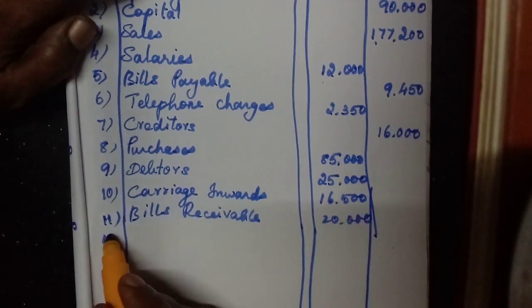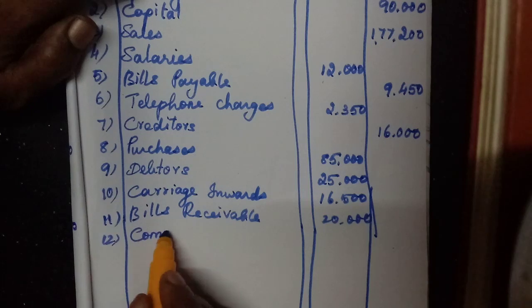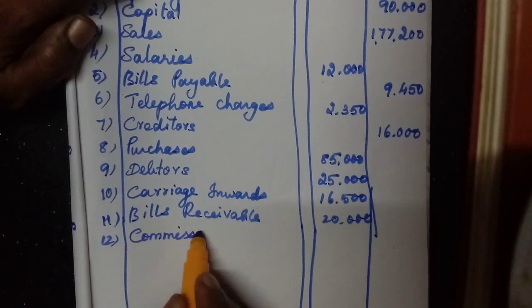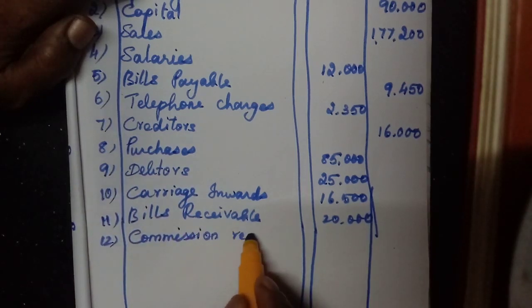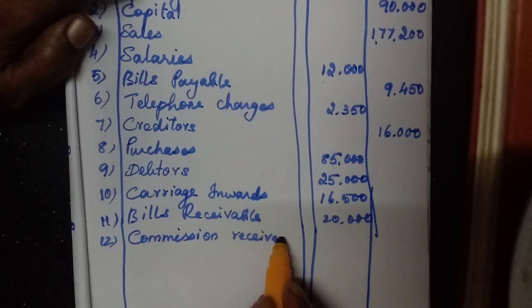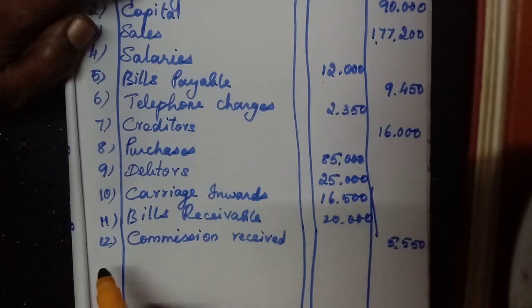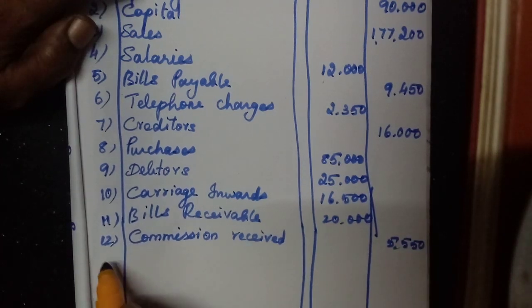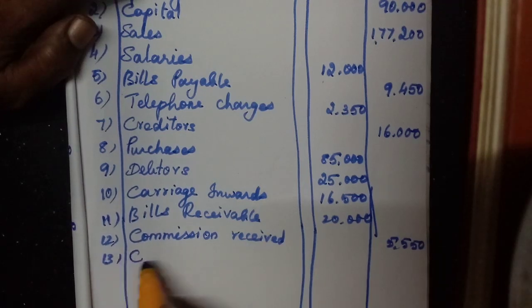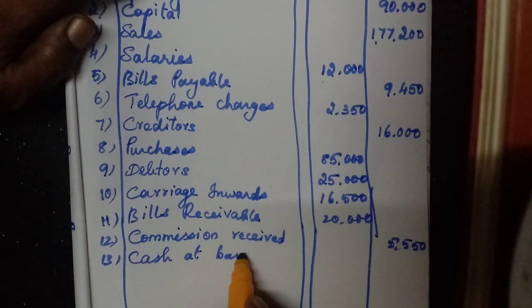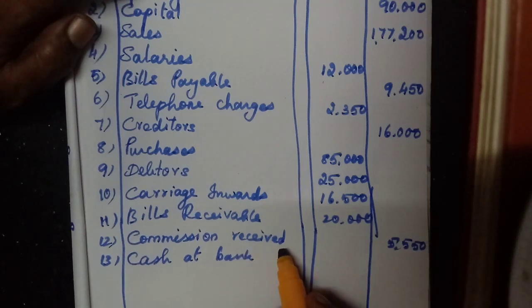Commission received. It is an income. So we should credit 5,550. Then cash at bank. Cash at bank is a current asset. So debit 17,000.